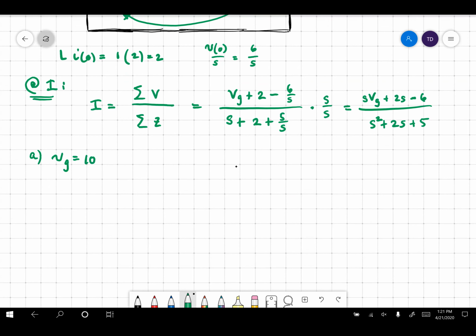We're only doing this for t greater than 0. So does everybody agree that I can write this? I want I for t greater than 0. So it's 10 u of t. Is that okay? For t greater than 0, that function is equal to 10. It's equal to 10 here. It's equal to 10 here.